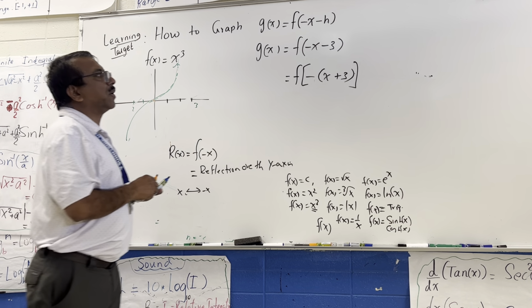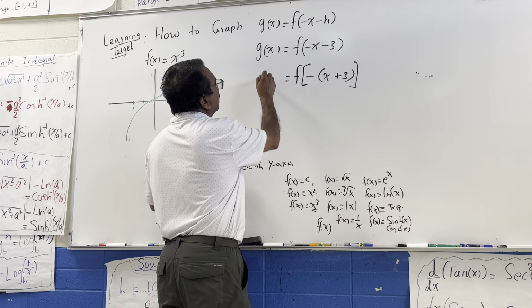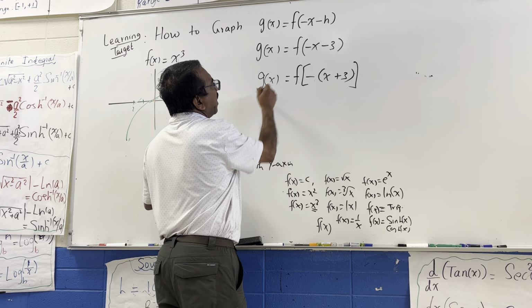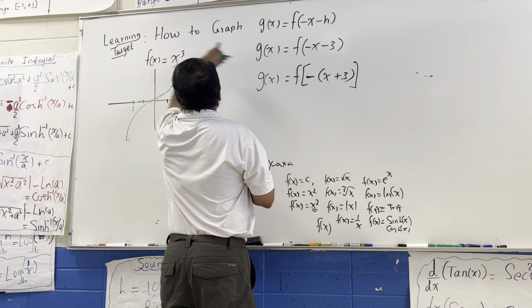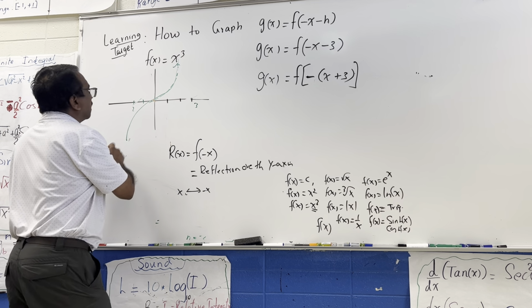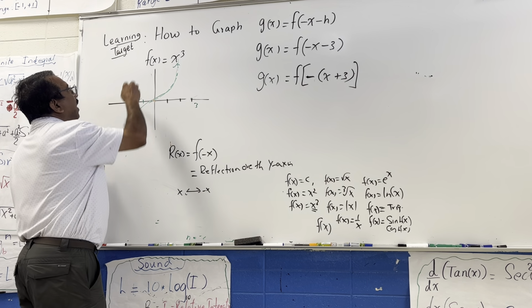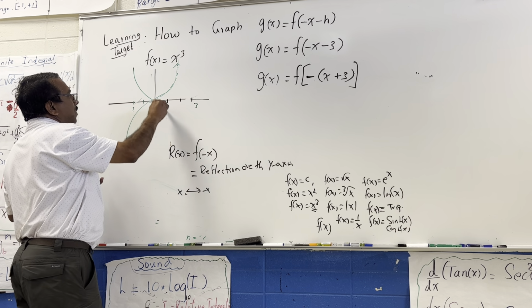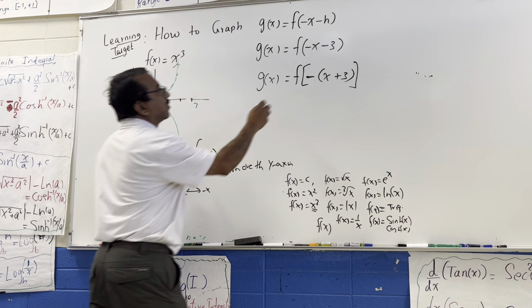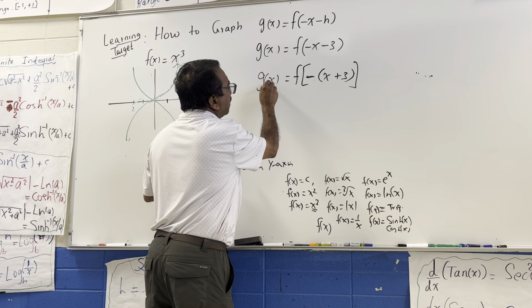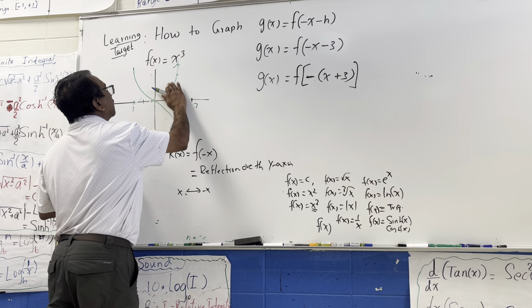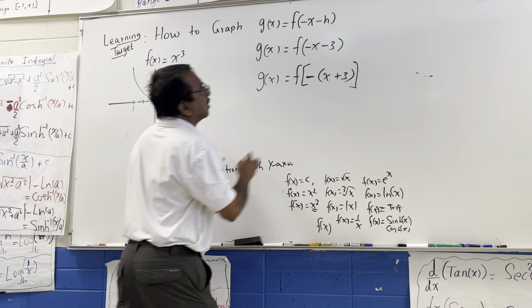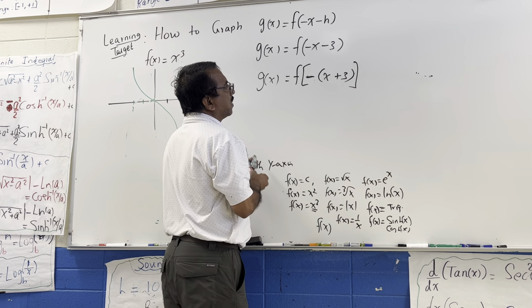What this basically means is, for g(x), the new graph, the first step is this minus: the green graph gets reflected over the y-axis. So you first reflect over the y-axis, and then this plus 3, what does this plus 3 basically mean?